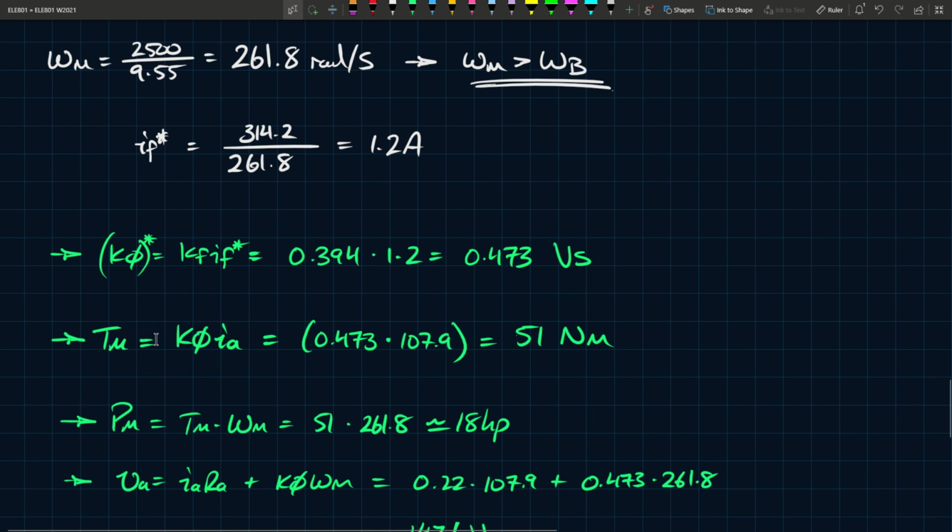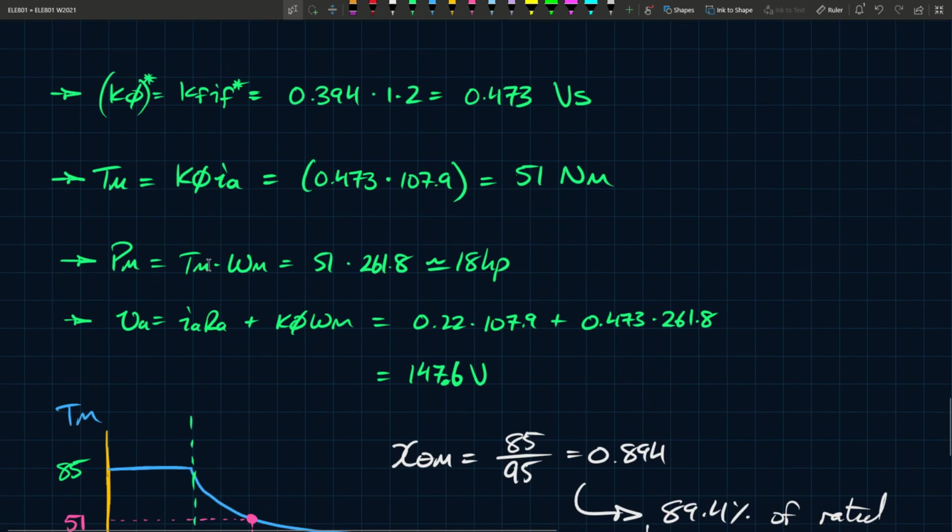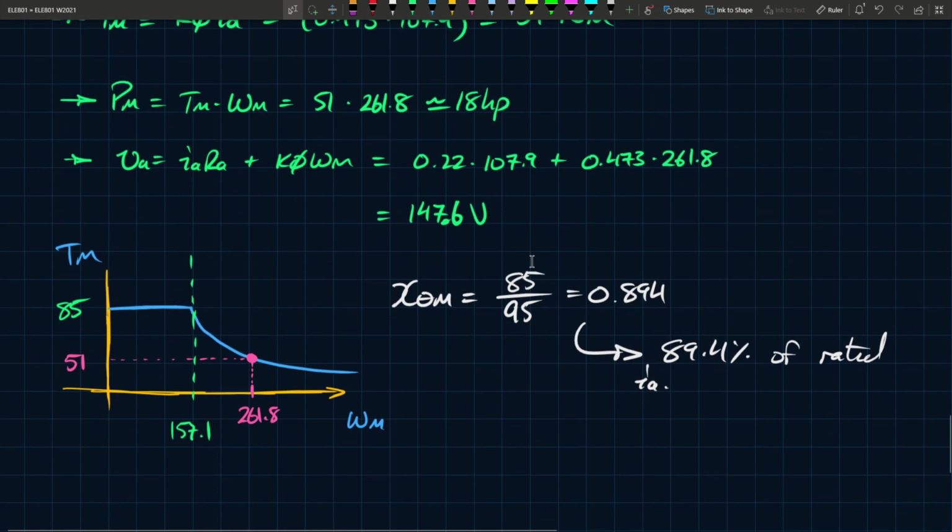We usually use K phi in the context of speed control, and then IA is used directly for Tm, the torque, because K phi is already a byproduct of IF. Then we did some other extra calculations to make sure everything makes sense, and then we have this plot. This is the thing to take away from all of this, to summarize the results.